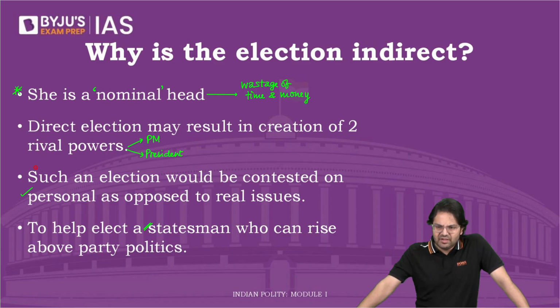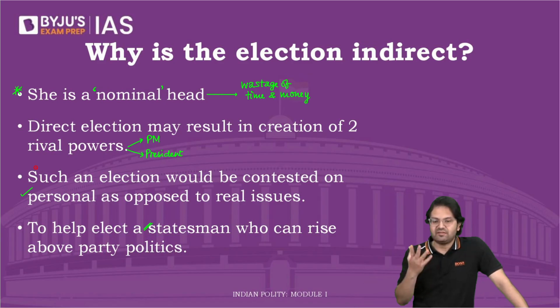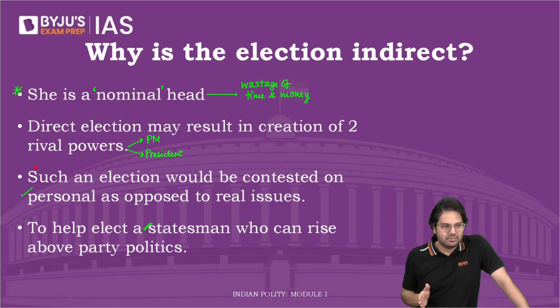Now, one more thing. In case you want to contest for the post of president, there are some eligibility criteria. We'll come to that now. What is the eligibility criteria?